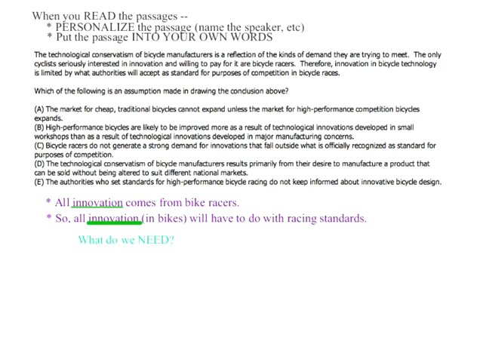But where there's a missing connection is this. This is talking about coming from bike racers. But then they jump from that to, oh, it has to do with racing standards. Those are not the same, and one of the big skills that you want to have when you do assumption problems is recognizing when things are not the same as each other.